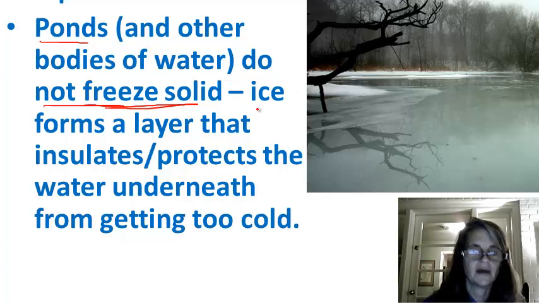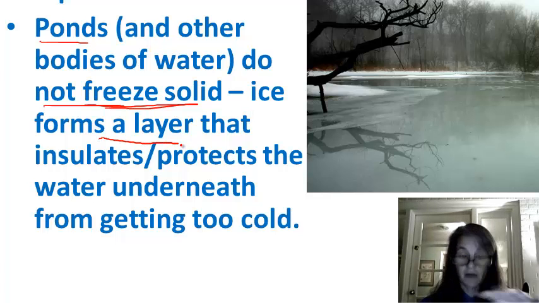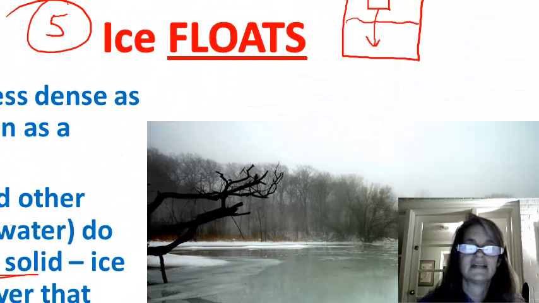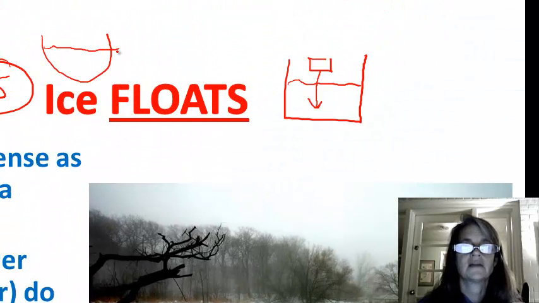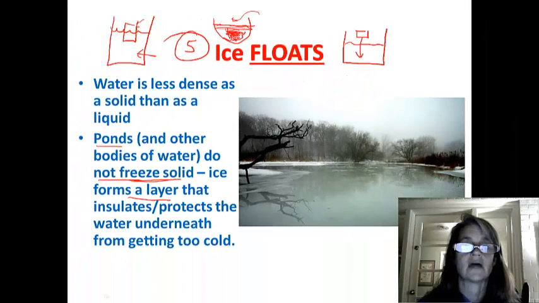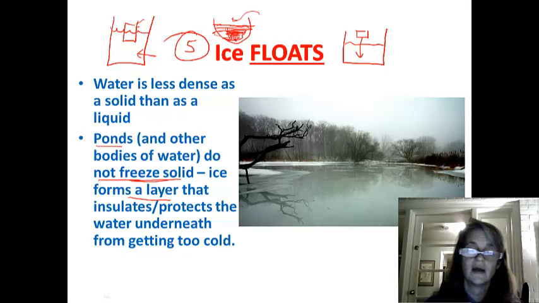But a typical pond, or certainly an ocean, ice forms a layer and it lays on top because it floats, okay? If it did not, if this is your pond and that's your water, the cold air hits that pond, it freezes, and if it's a typical solid, it sinks to the bottom, the next layer freezes, sinks to the bottom, the next thing you know, you've got solid ice all through your pond.